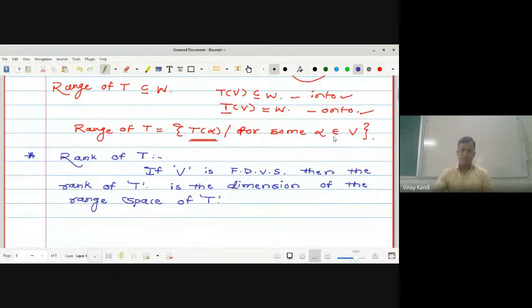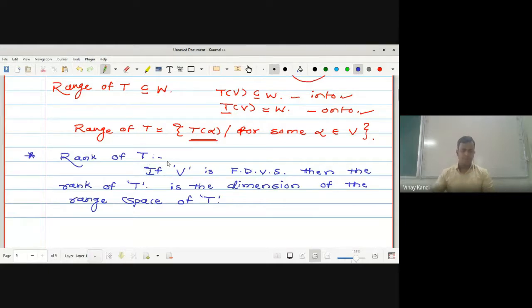And that dimension is nothing but rank of T. If V is a finite dimensional vector space, the rank of T is nothing but the dimension of range space of T. Range space is itself a vector space, the subspace of codomain. Hence, it has a dimension, and that dimension is nothing but rank of T.